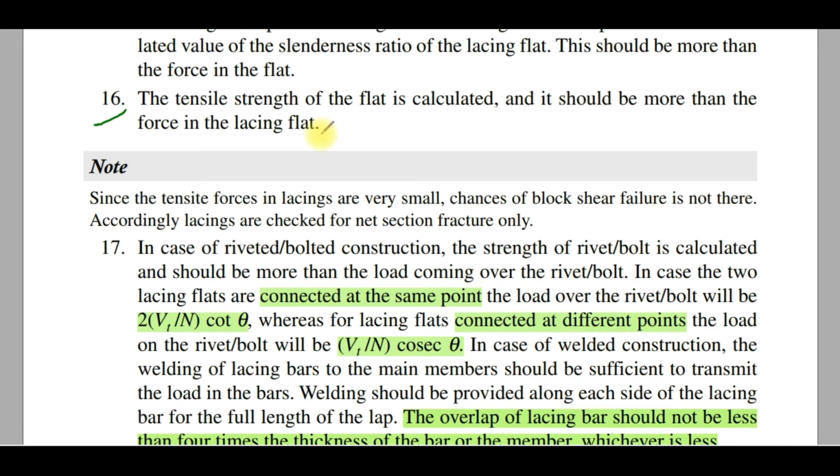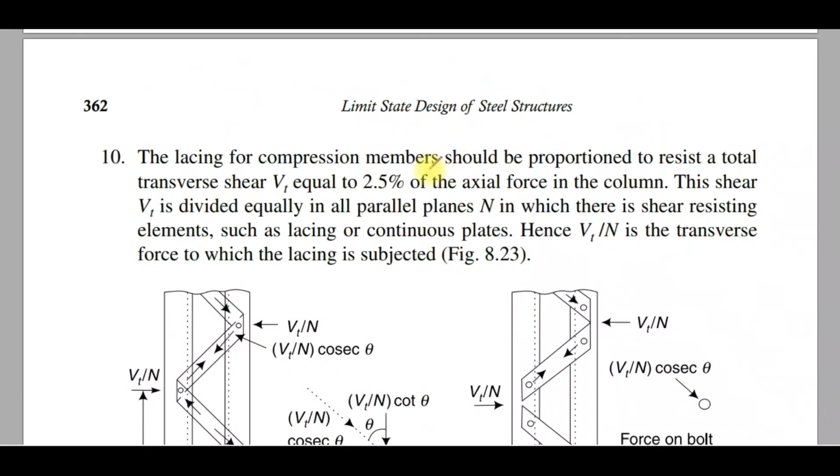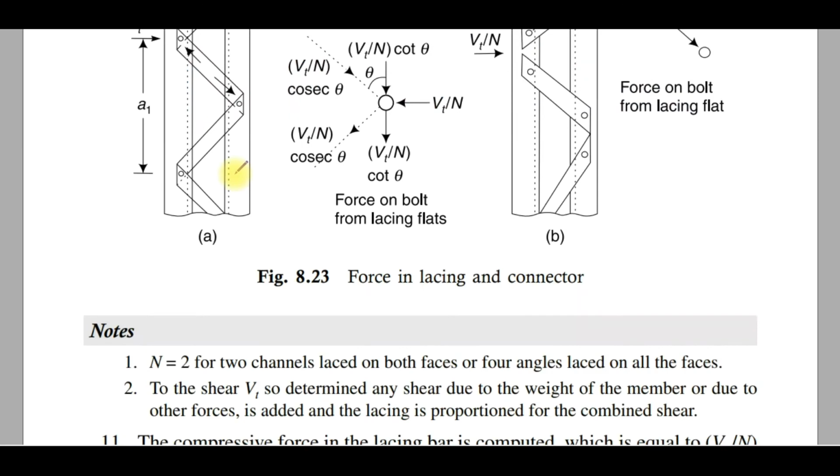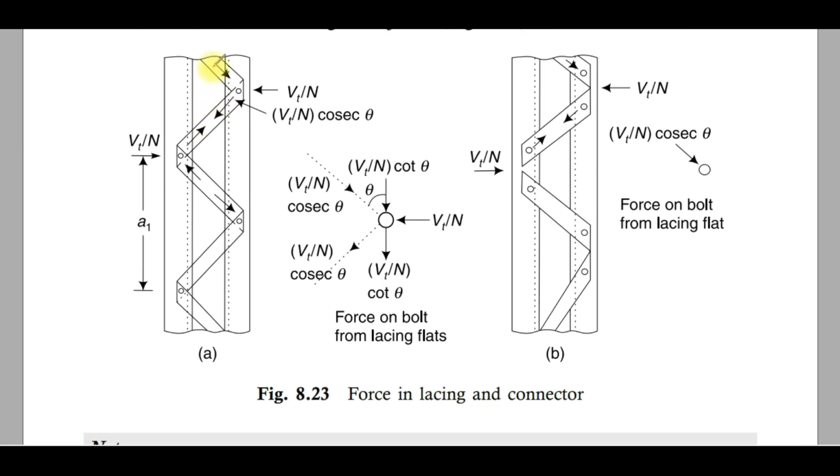So why is it required? Because as you see, this column is a compression member. So there is no point that it will be subjected to any tension force, because compression is coming. You see on these flats, compression is coming.